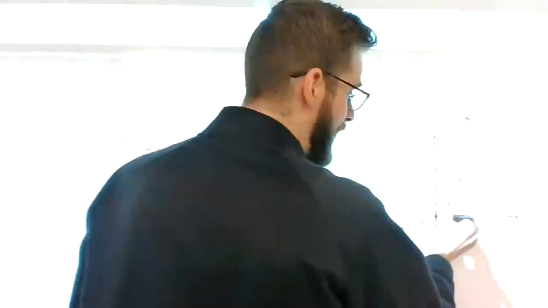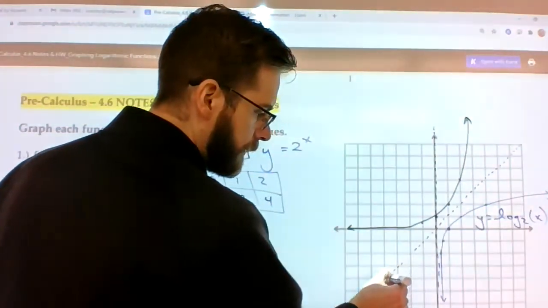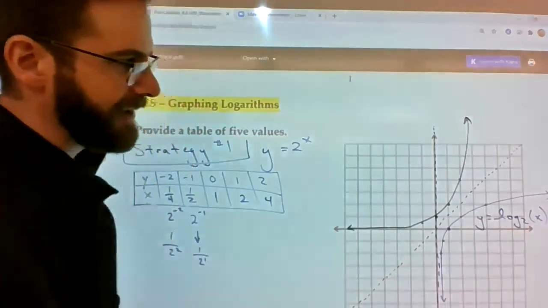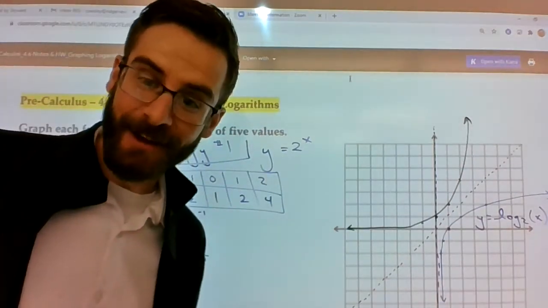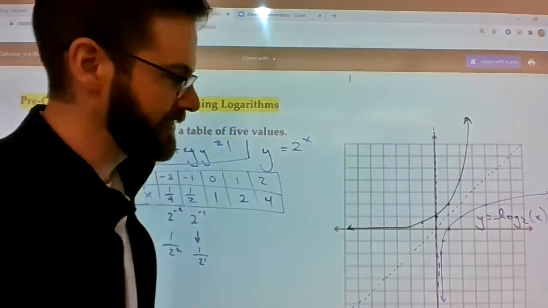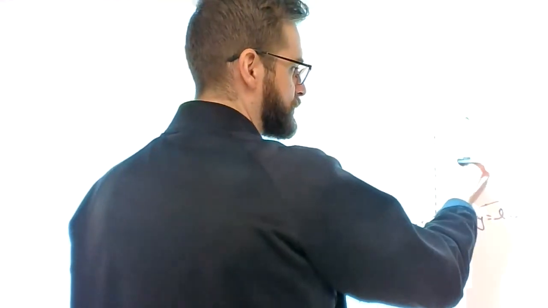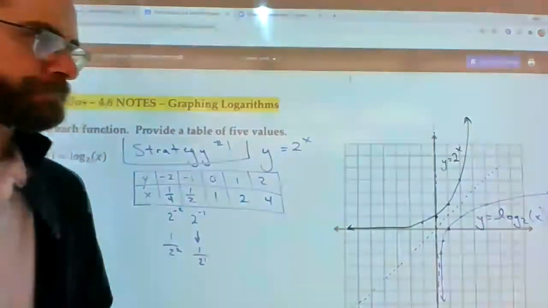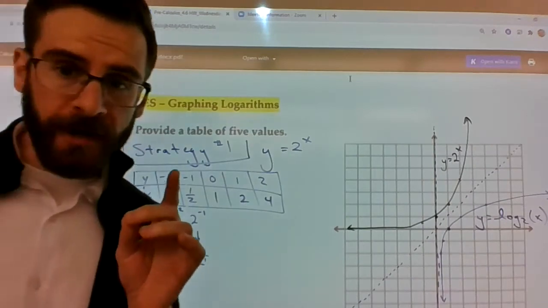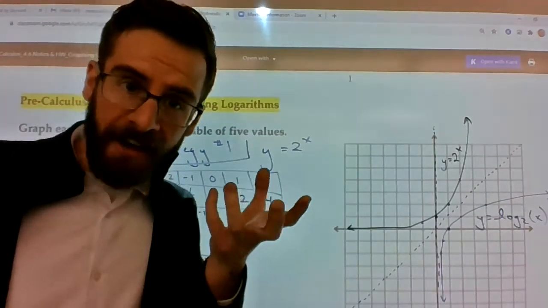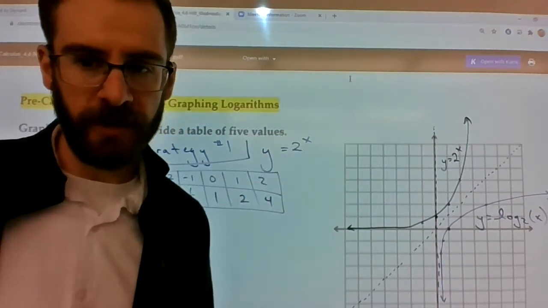Now, I'm not asking you guys to graph the inverse function. I just thought it would be cool to kind of see like, okay, that's log base 2 of x. Here's y equals 2 to the x power. And one way to graph them is to just graph the opposite of what the original gives us.